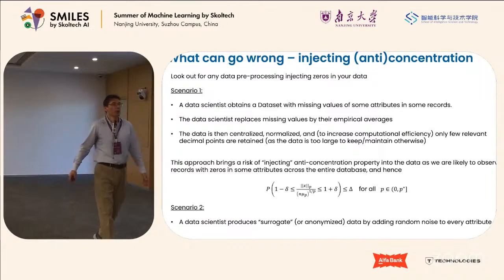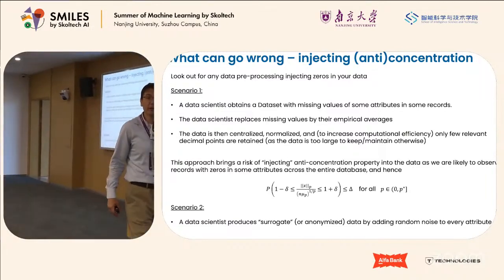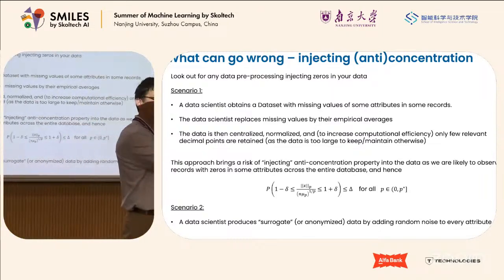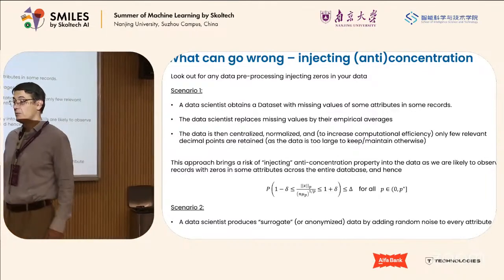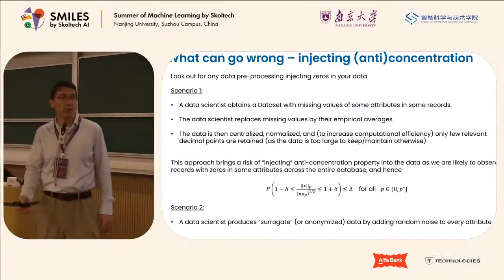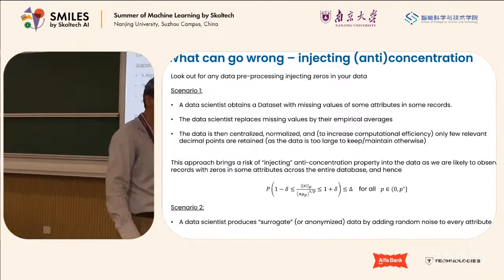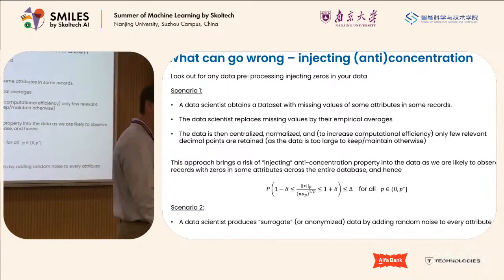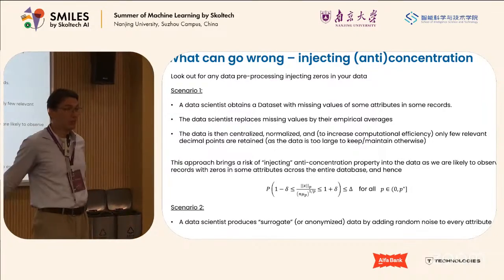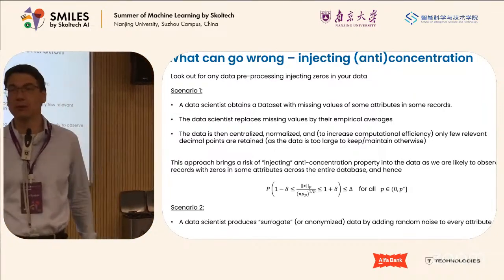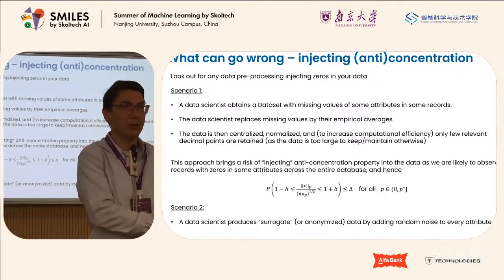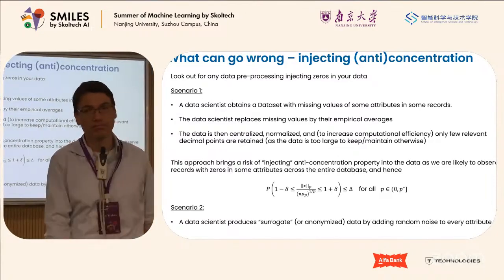For example, suppose that I feel very bad, I call an ambulance, and the ambulance brings me to the emergency ward, and the doctors clearly see that I'm in bad shape. There is no point measuring temperature, because he or she just puts a palm on my forehead, and they see that I have fever. So there is no point measuring temperature, and they proceed immediately to treatment. And here is an example of a missing attribute. There is no temperature record in my medical data for this particular event.